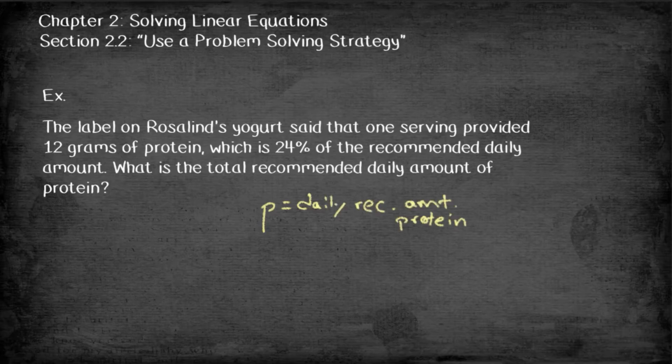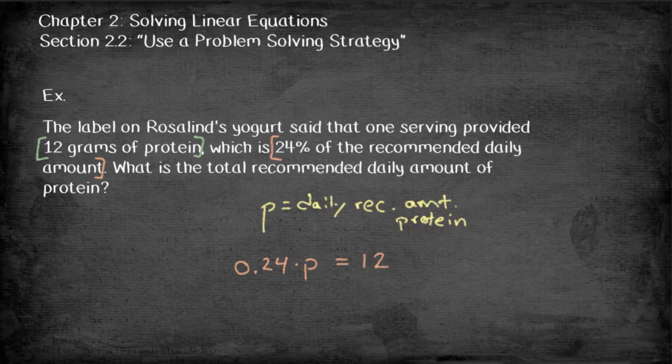All right, now we have 24% of the recommended daily amount. So remember that of means multiplication, which means we have 0.24, because we're always using the percent as a decimal, times P. And the 12 grams of protein would be the is.